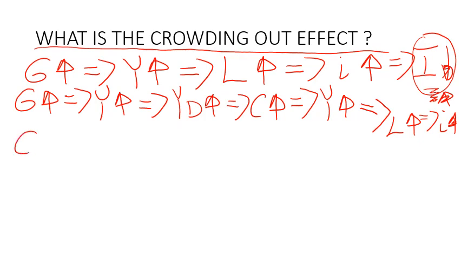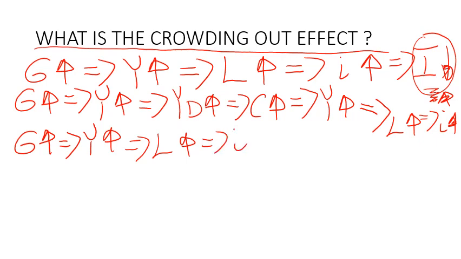One last aspect here. If there's an increase in G, then this will increase GDP. That will increase money demand. That will increase the domestic interest rate. And that in turn will cause capital inflows, CI.